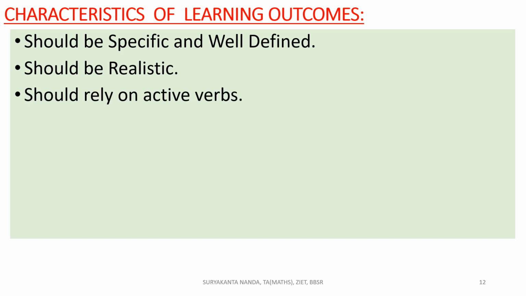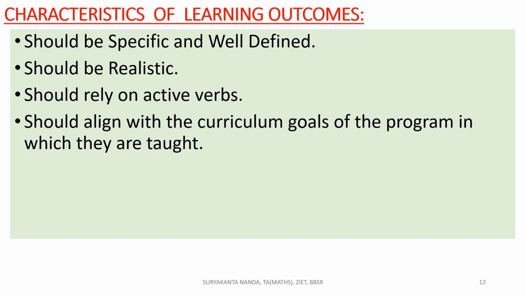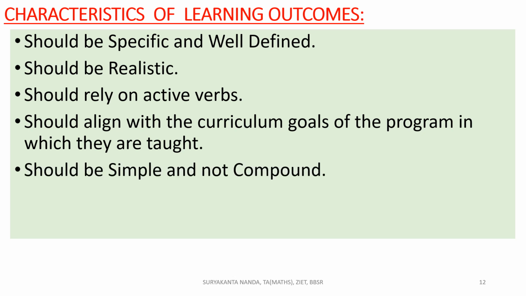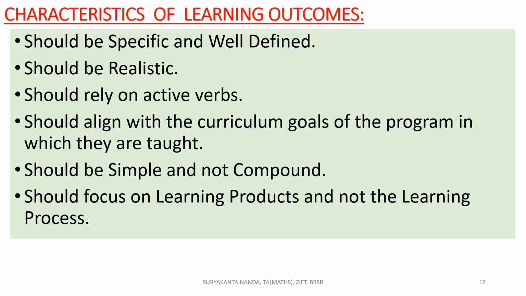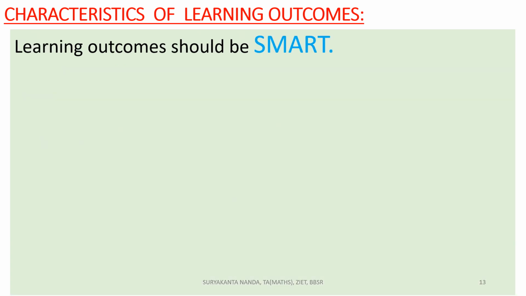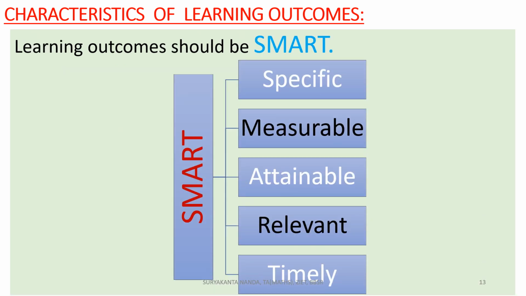It should be realistic, should rely on active verbs, should align with the curriculum goals of the program in which they are taught, should be simple and not compound, should focus on learning products and not the learning process. So, our learning outcomes should be SMART, meaning specific, measurable, attainable, relevant and timely.